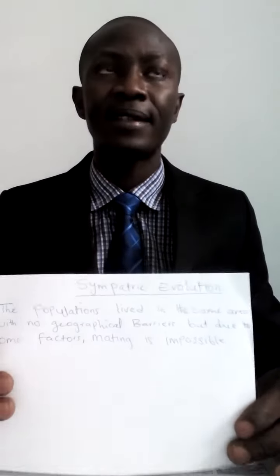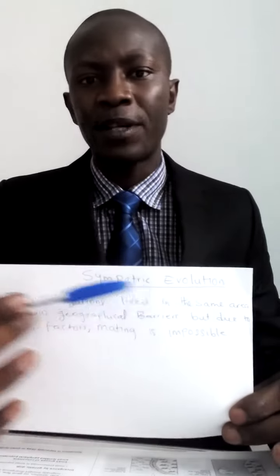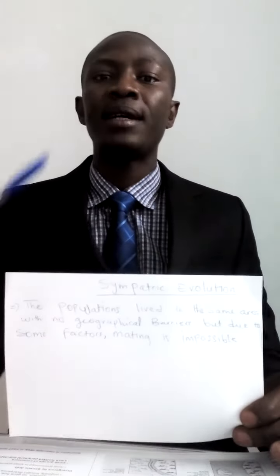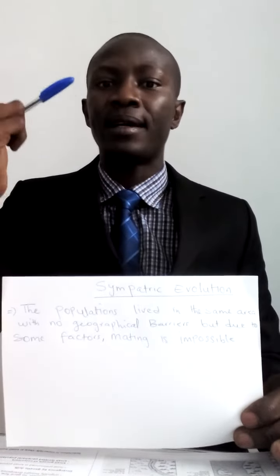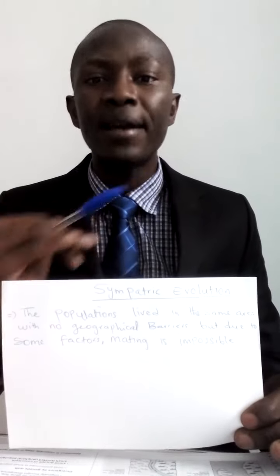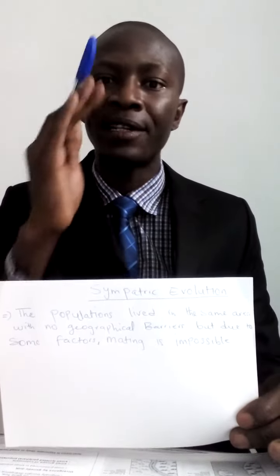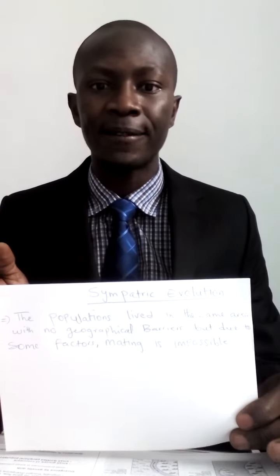Now let's look at the second speciation form, which is quite interesting: sympatric speciation. In sympatric speciation, the two populations live in the same area. There is no geographical barrier that separates their living areas.